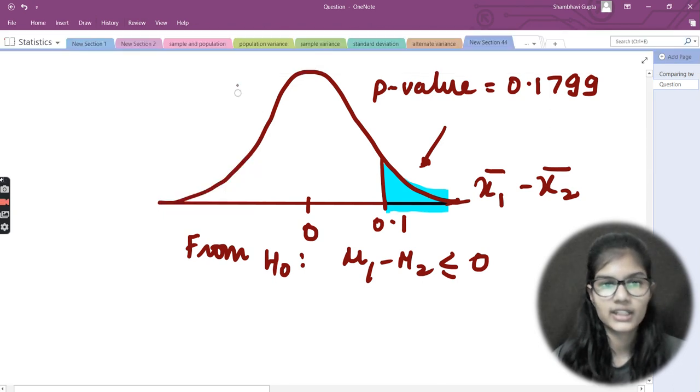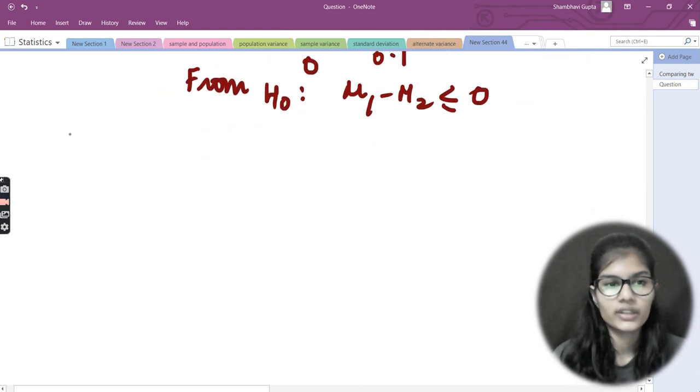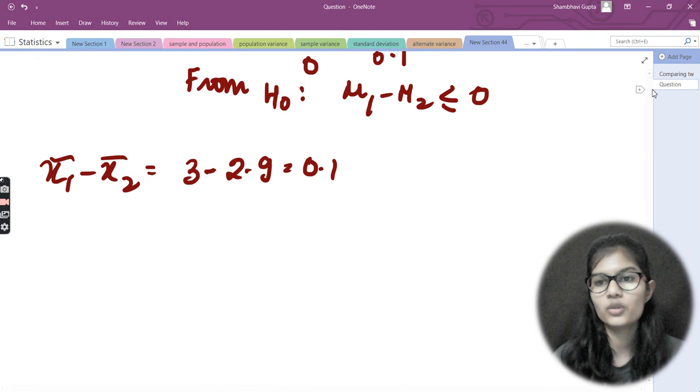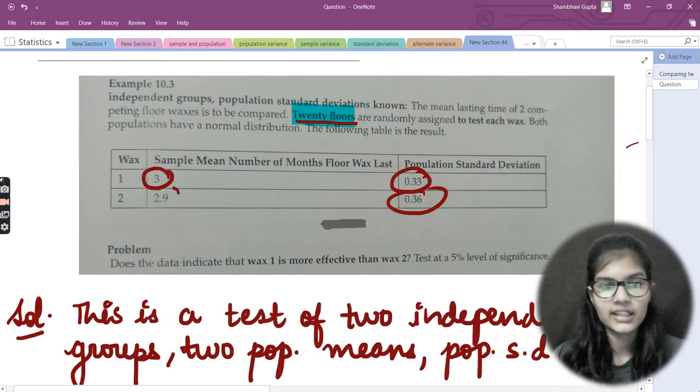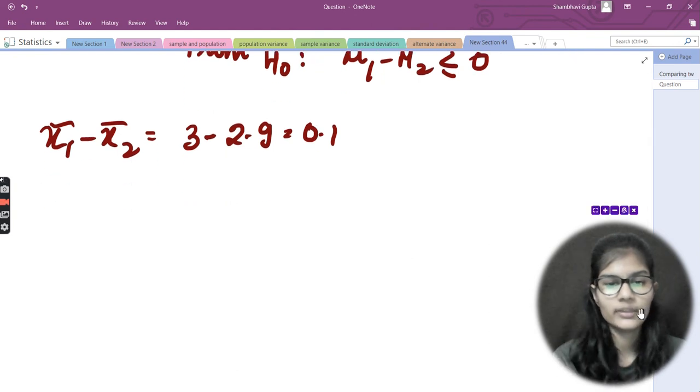From this, what I could actually conclude, let me now come down. I could put here that x1 bar minus x2 bar, that we were having 3 minus 2.9, that is equal to 0.1. Just have a look, we were having these two values. This is the 3 and this is 2.9. Okay. So x1 bar minus x2 bar, that is 3 minus 2.9, that is equal to 0.1.